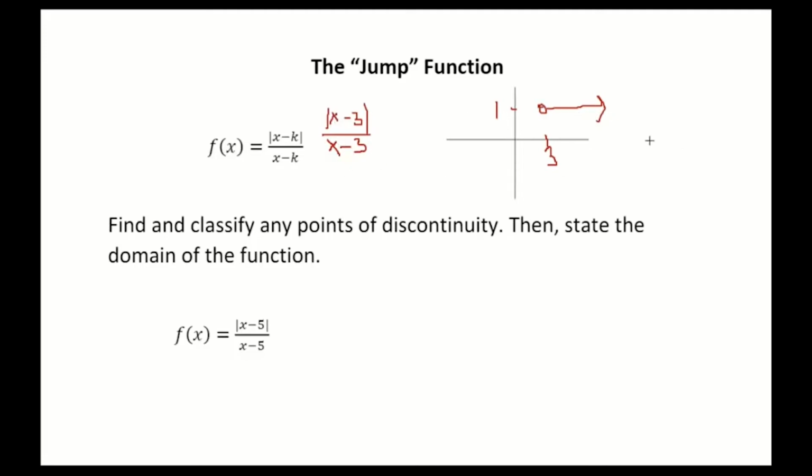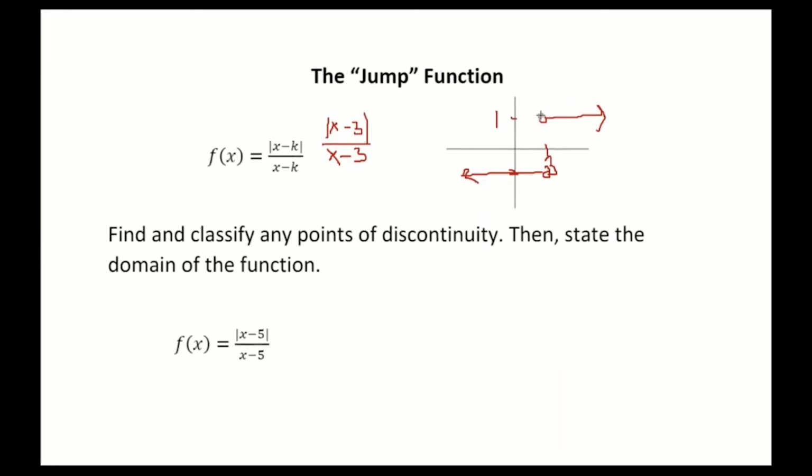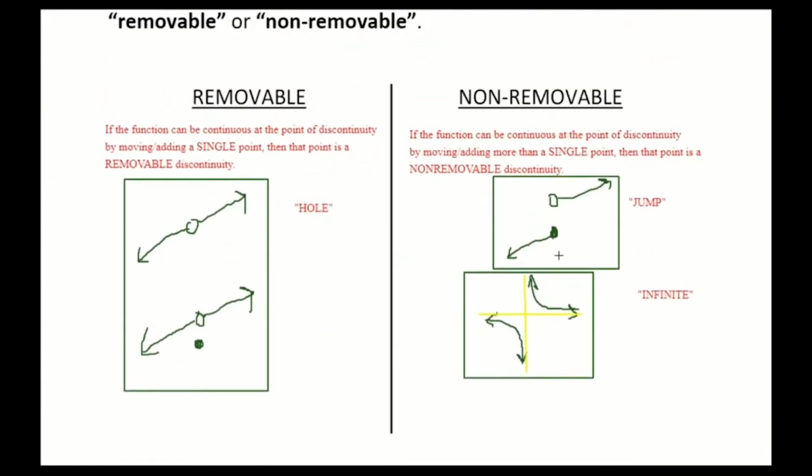If I plug in 100, I get 97 over 97, which is 1. No matter what, if it's bigger than 3, it's going to equal 1. Now if it's less than 3, it's going to equal negative 1. So we're always going to have a point of discontinuity here at whatever this k value is. That's where the jump happens, and that's going to be a non-removable discontinuity.